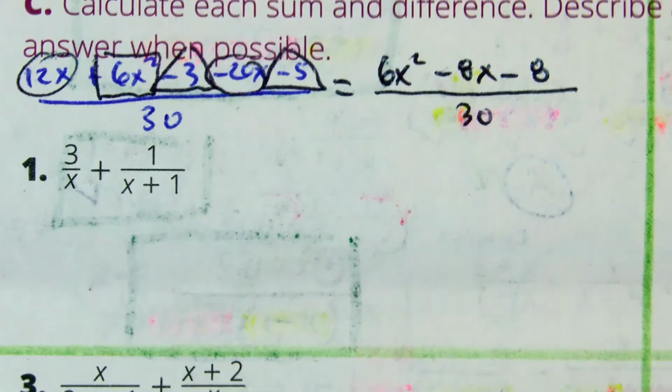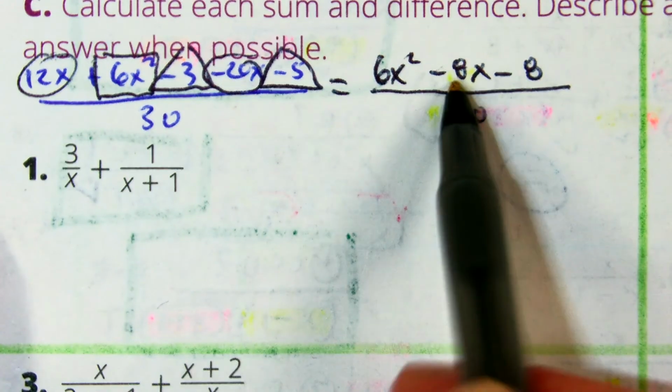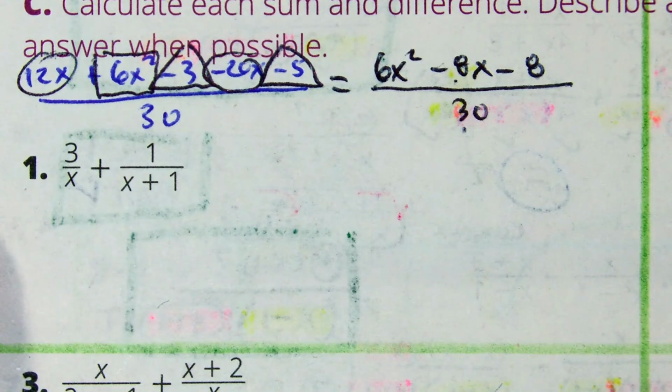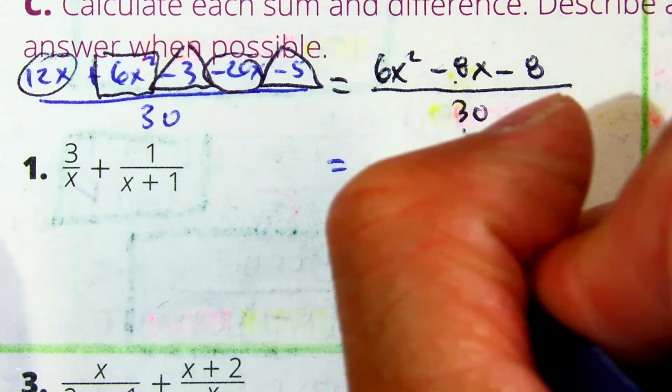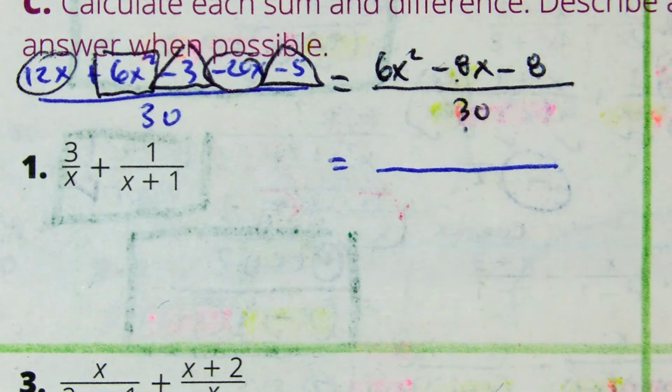Class, tell me, even or odd? So they're all evens. So let's see if we can pull out a greatest common factor. Partner A, tell partner B what you think it is. Jesus, what do you think the GCF is going to be?